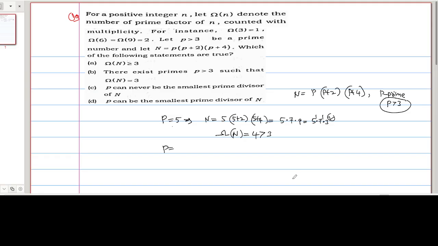Then p equals 7, because p is a prime number bigger than 3. The possibilities of p you need to check, and check the corresponding values of omega of n. That is the strategy of the problem.